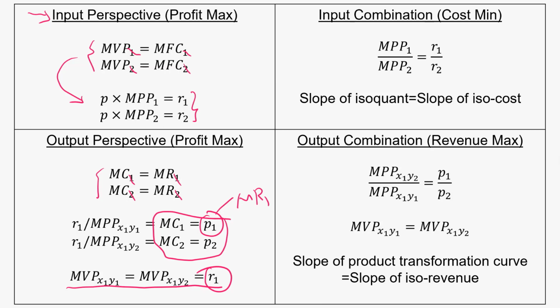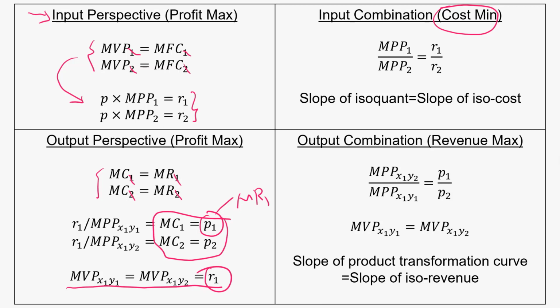And as I mentioned, between the input perspective and the output perspective, when there are two inputs, there's a duality relationship, and that was linked by this cost minimization problem. In the cost minimization problem, we already assumed the output level is given.